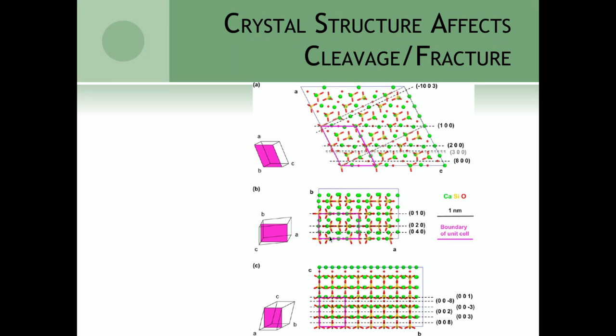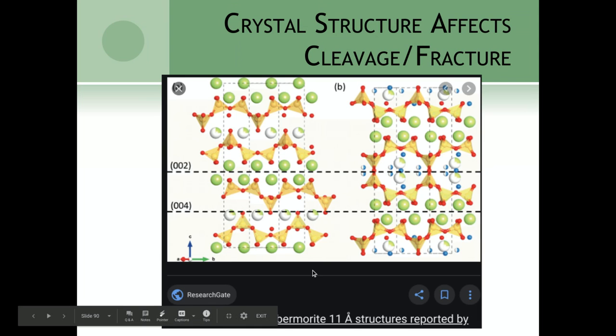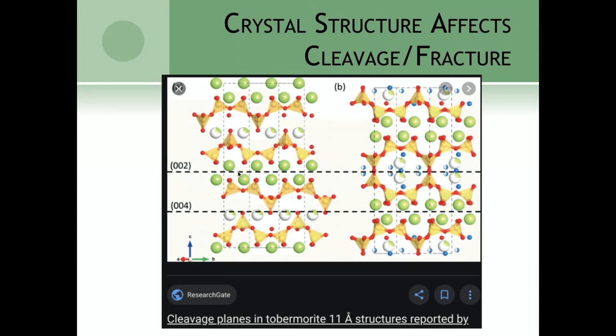So if we look here, these are very weak bonds, and so that's where a mineral is going to cleave open. Here's a mineral called tobermorite, and here is its cleavage plane. The bonds between these atoms are weaker than the bonds between here.